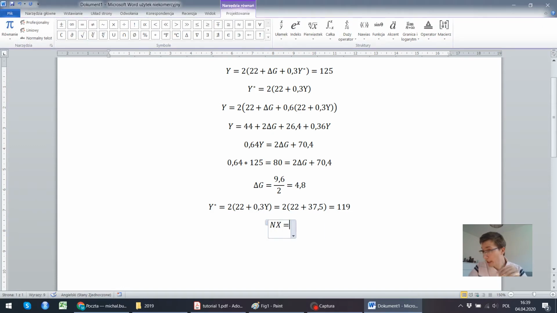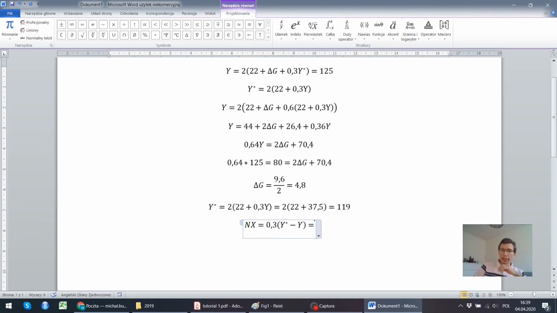So the home country, as you remember from the first point of the solution, net exports in this country is equal to 0.3, because both exports and imports are multiplied by 0.3, times y star minus y.